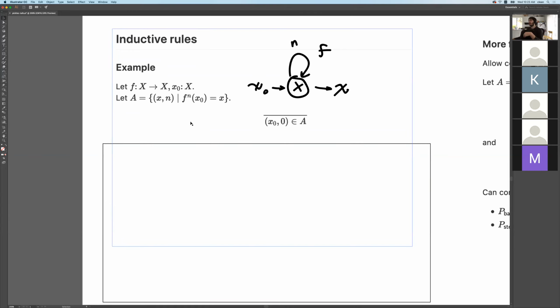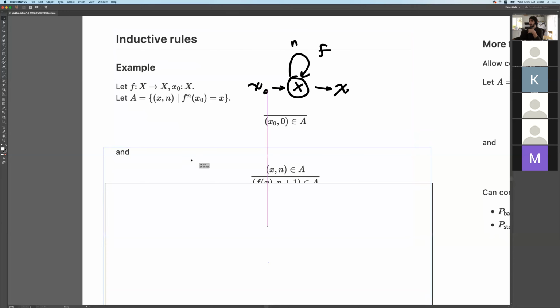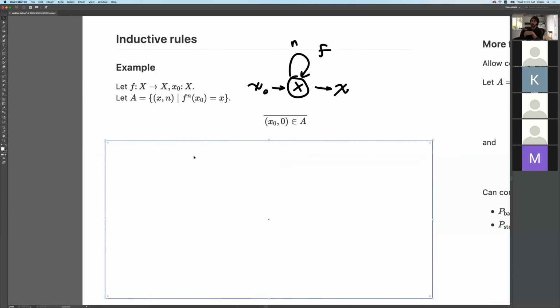What we want to do is construct a snark for proving membership in A, which lets us update proofs.